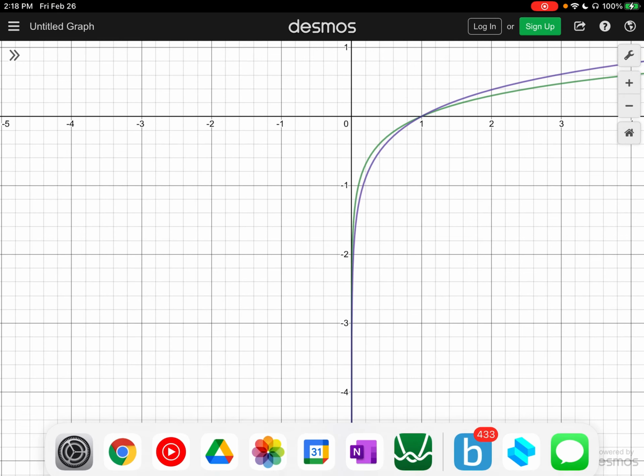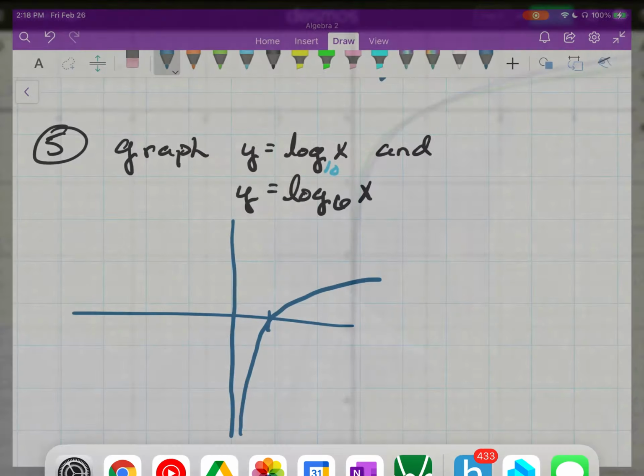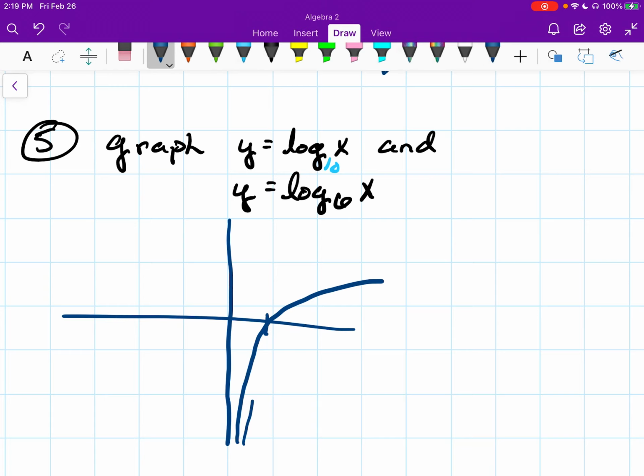The purple one started below and went above, and then we had one like something like that. So this one is that, and then this one is that, right? I don't expect some pretty graph, I just expect something that shows the general curve of it.